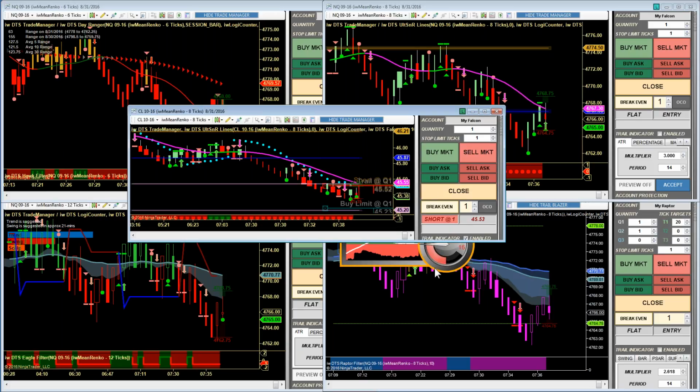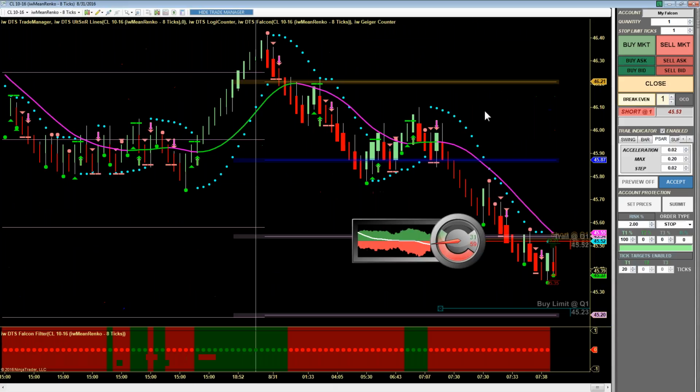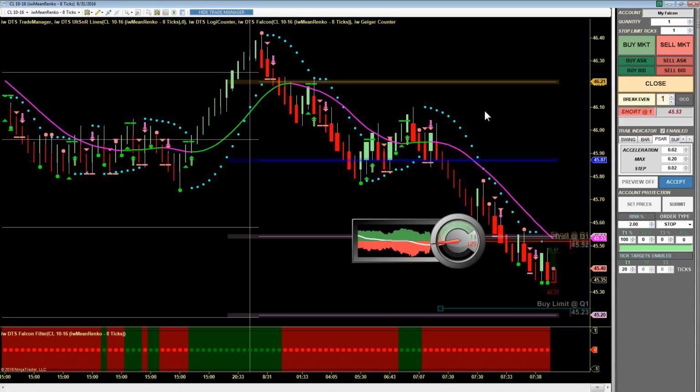I've got the Geiger counter down here on the Raptor. I've got a tool called the Day Ranger here on the Hawk, and another standalone add-on tool here called the Trade Forecaster on the Eagle. But you could put them all on each chart if you wanted. Absolutely nothing wrong with that.